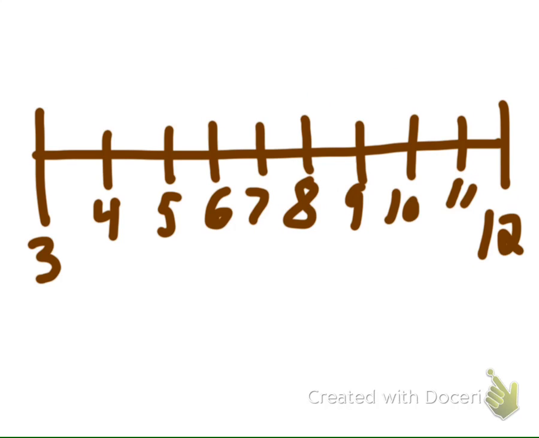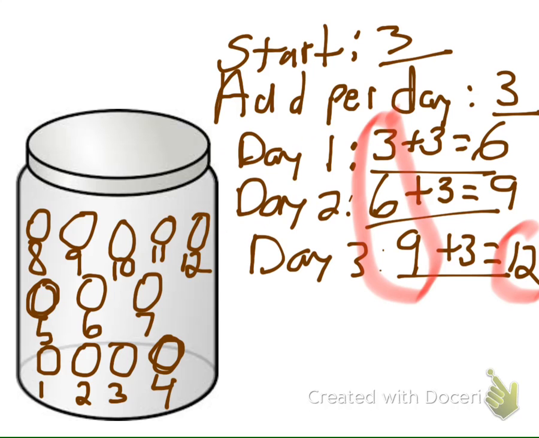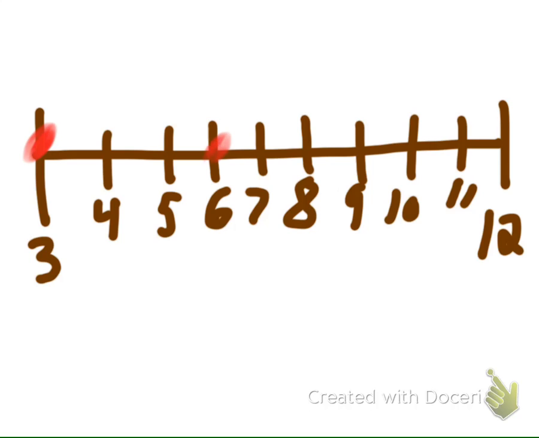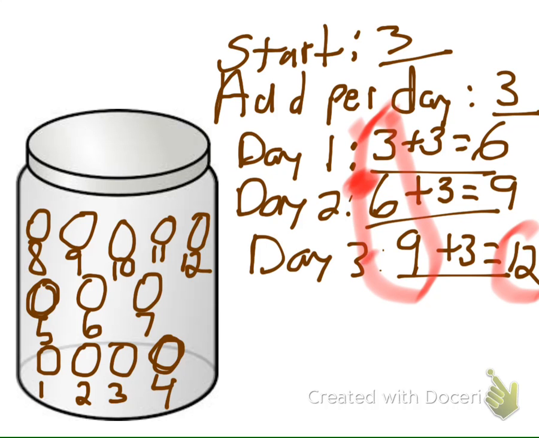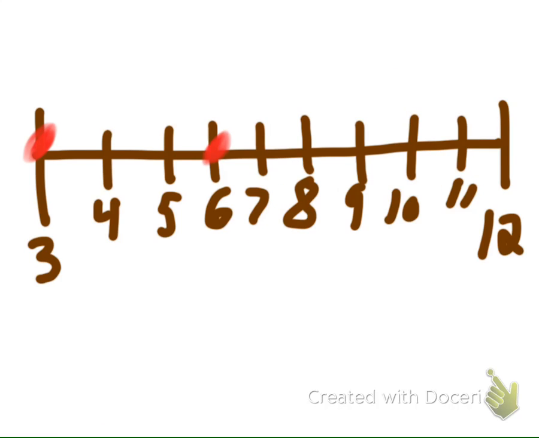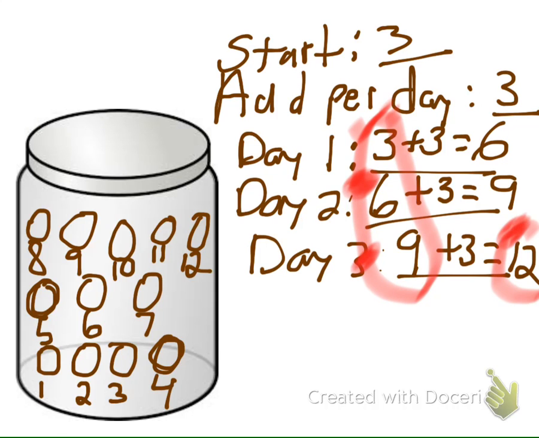Watch what happens if I start at 3 and I get to 6, because I started here and now I want to get to right here. So if I start at 3 and then I need to get to here, and then the next one I need to stop at is 9. So then I go and stop at 9, and then the last one is at 12.